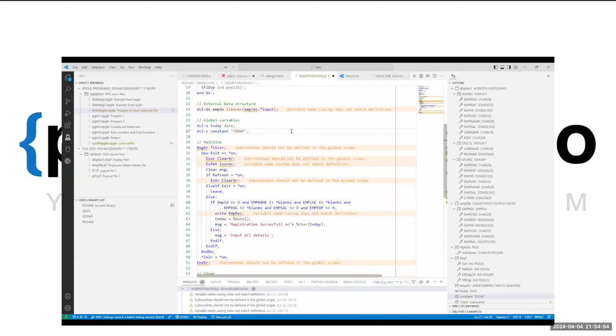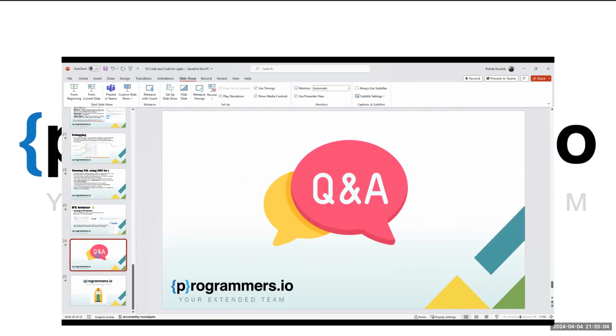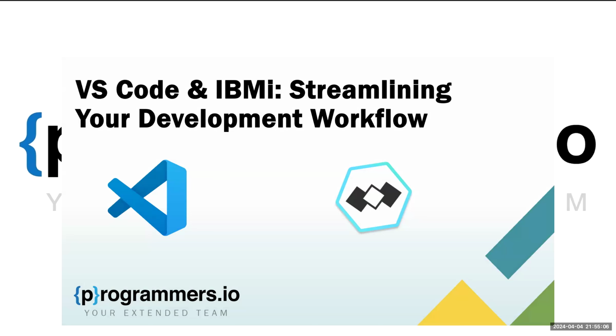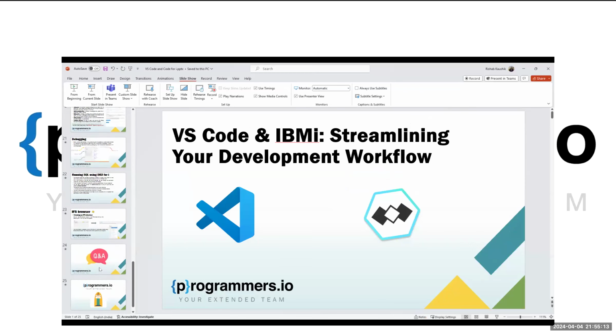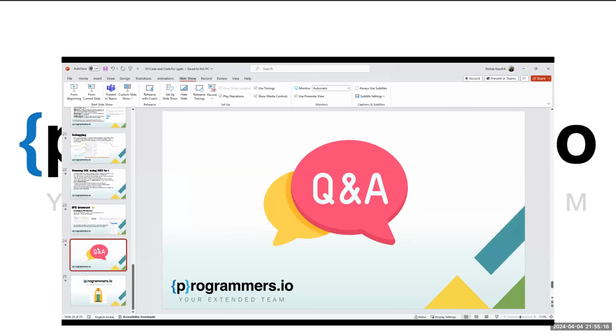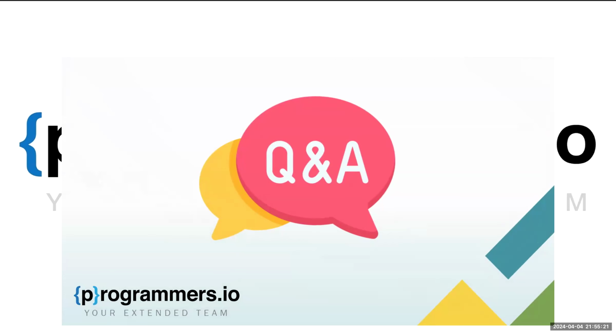So I think we have covered a lot today in this session. To conclude, I have showcased how to install the extension, how to create the profiles, how to create the object filters, the browser.